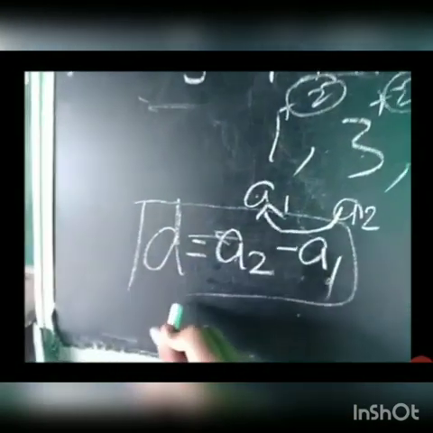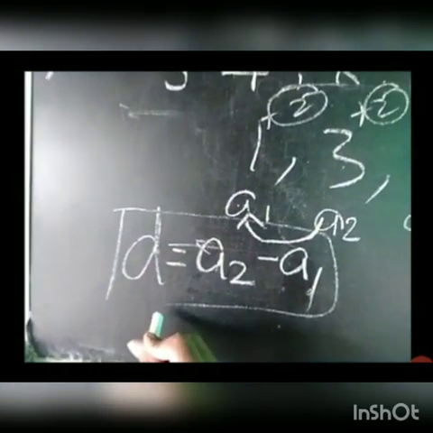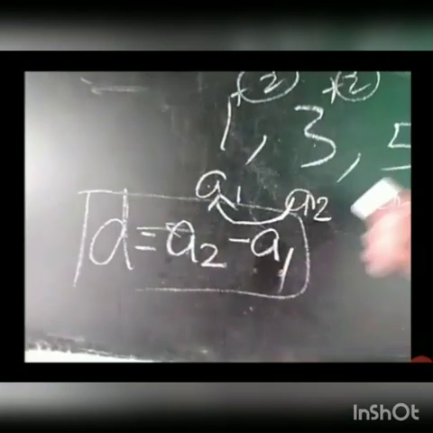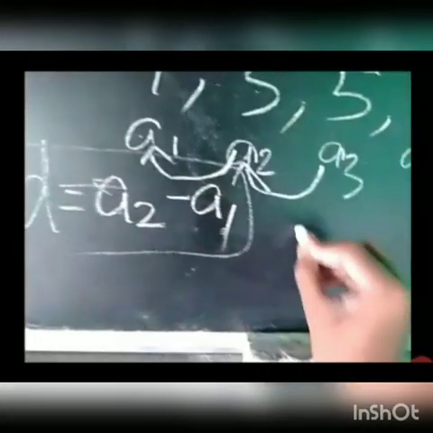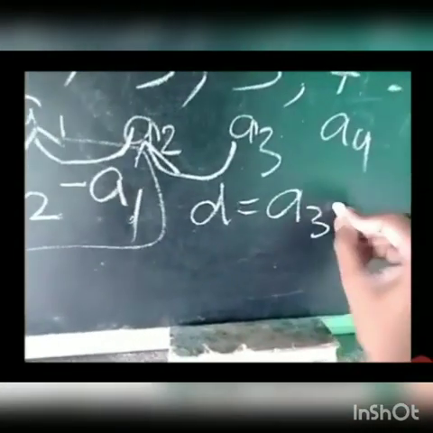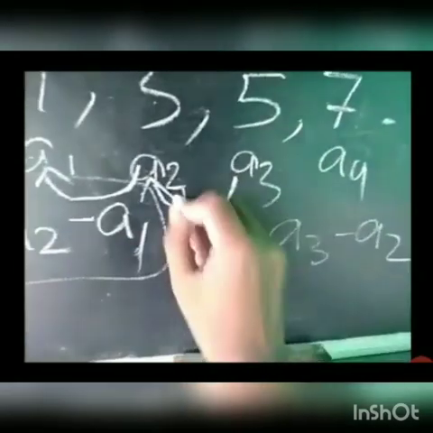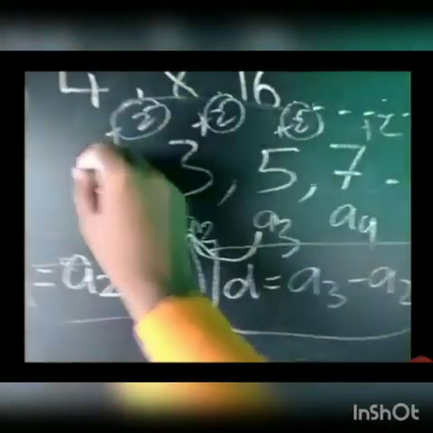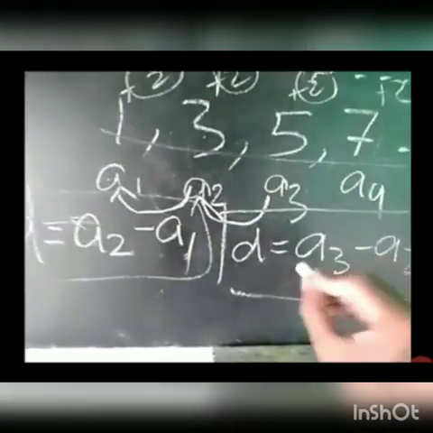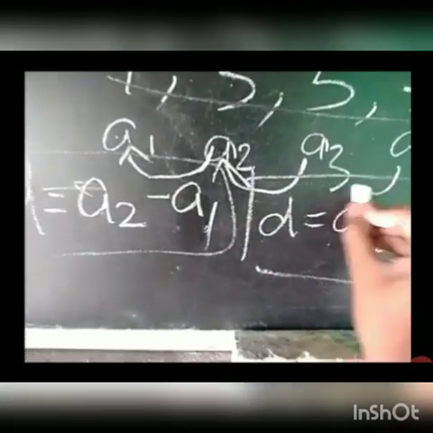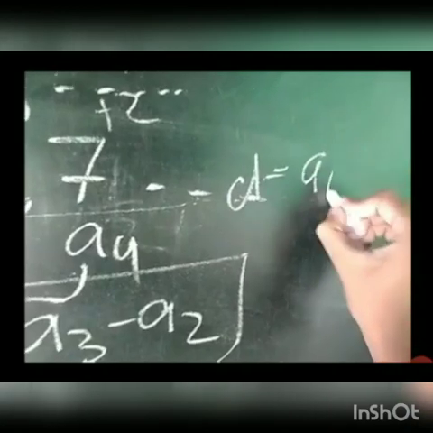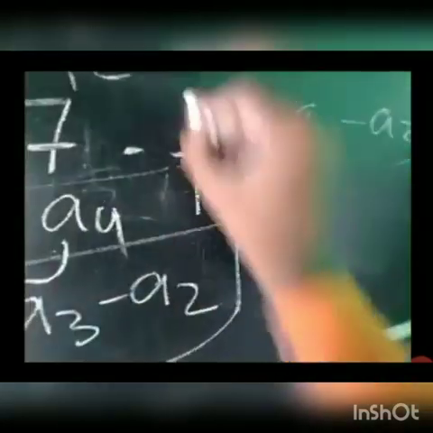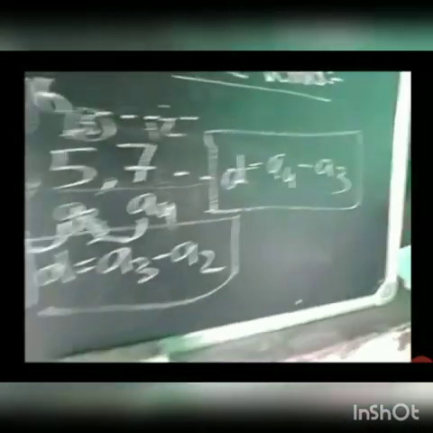Is this the only formula to find the common difference in a single AP? No. There is another formula. What is that? A3 minus A2. D equals A3 minus A2 also gives you the common difference for a given AP. Not only A3 minus A2, it goes on: D equals A4 minus A3 also gives the common difference of a given AP.